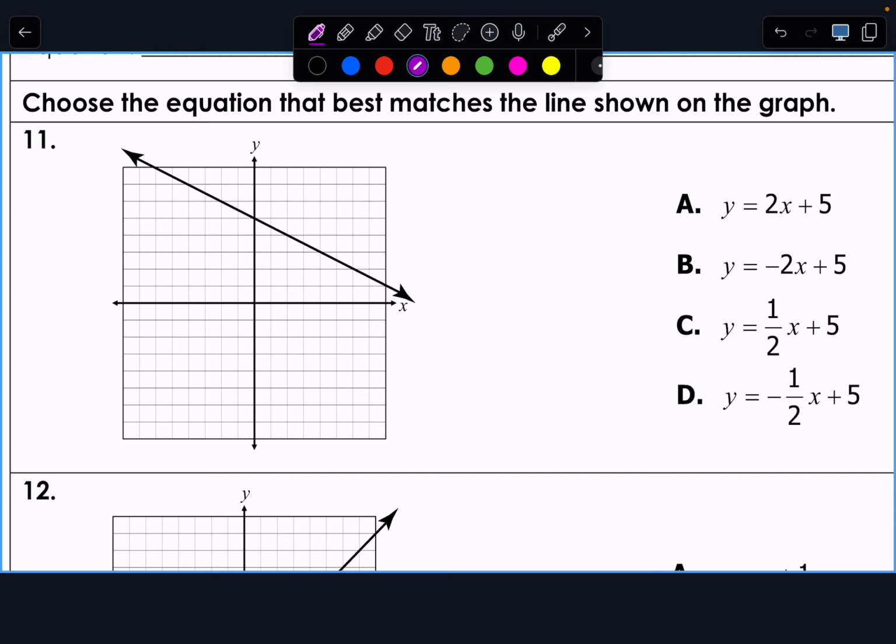What kind of slope is this? This is a negative slope. So I am going to cross out my positive slope answers because I know that those are wrong. Okay? Now, as a reminder, if there are no dots, we look at where we cross the intersection.